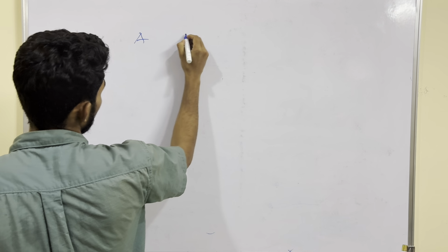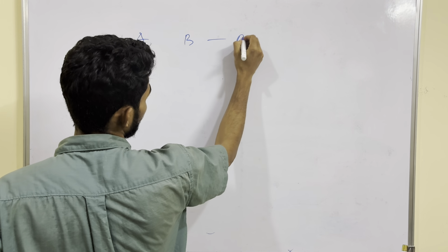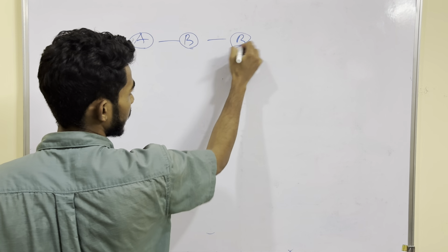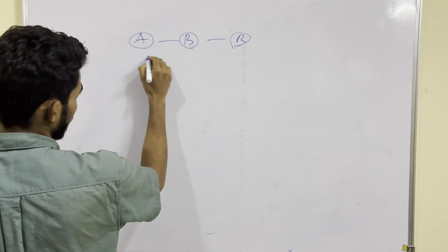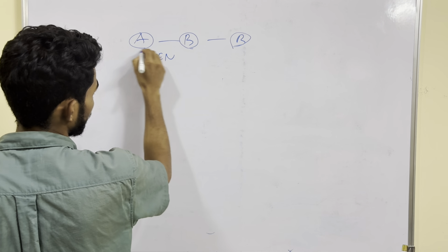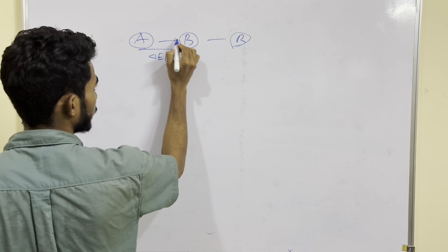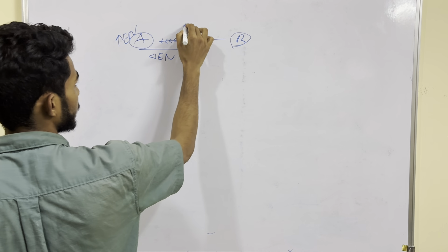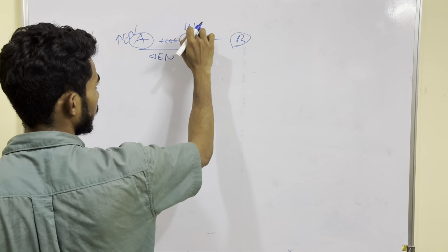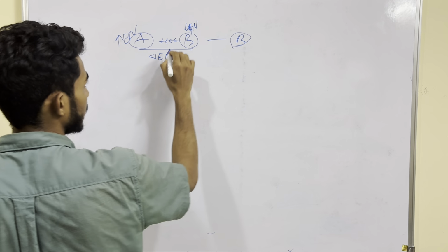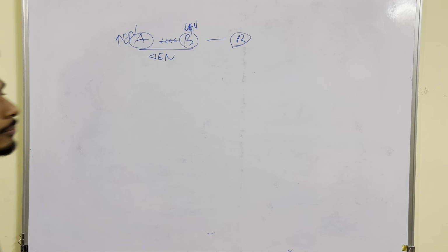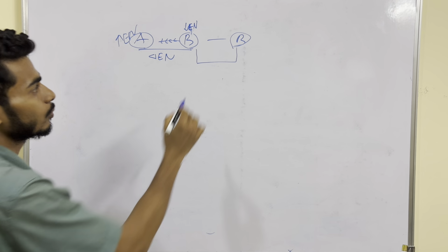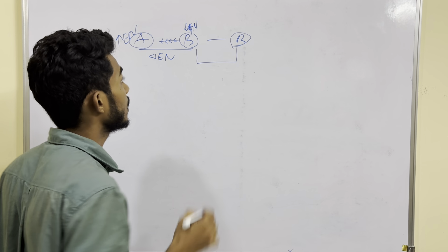For example, A, B, B. A has more electronegativity, and B and B have the same electronegativity. So the electronegativity difference is there between A and B. So this bond will be polar because A has more electronegativity and B has less electronegativity. But both the B and B have the same electronegativity, so this bond is non-polar.